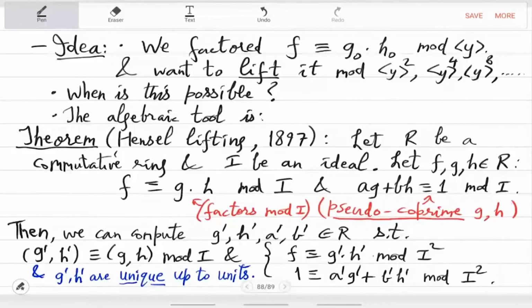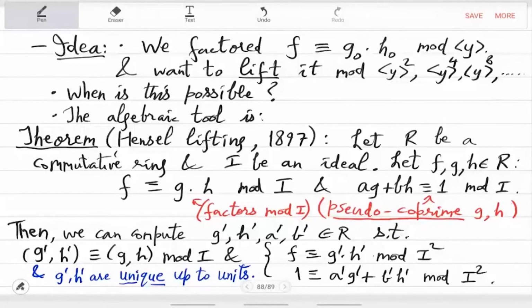Any ideas? How will you get G prime? You have G, H, A, B. From these four things, you want to get G prime. What is the formula? G plus I into something.